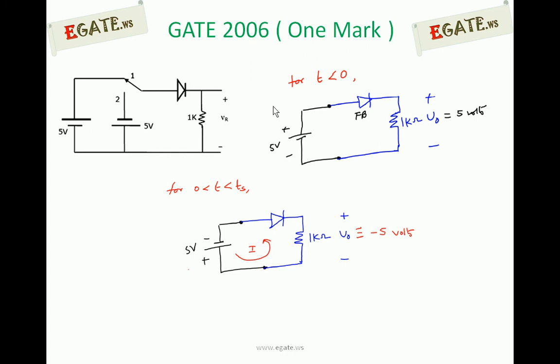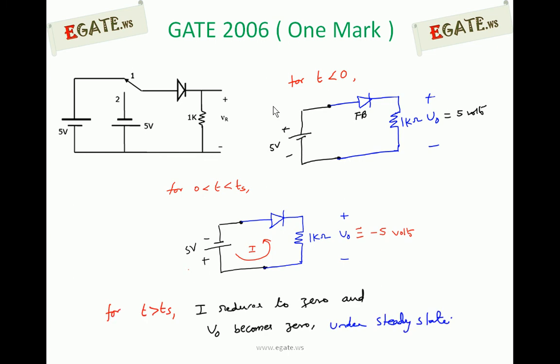During storage time the diode acts as a short circuit, so the voltage drop across the diode is 0 and the total 5 volts drops across the 1 kilo ohm. So V0 is equal to minus 5 volts in this case.